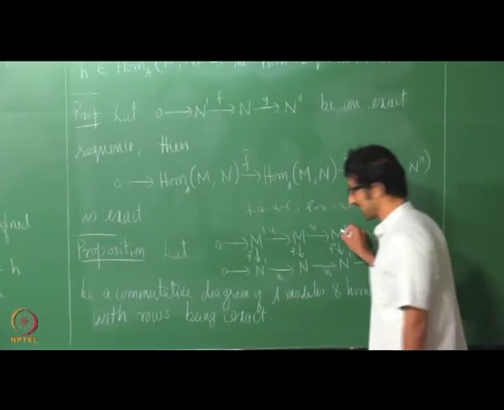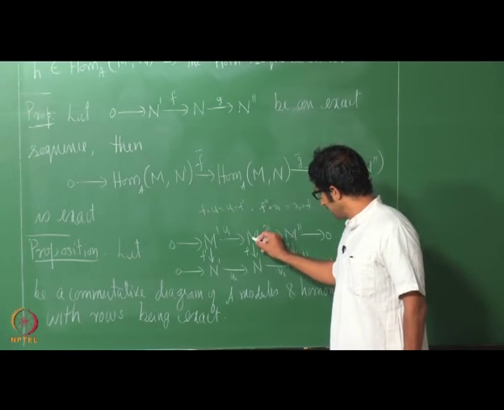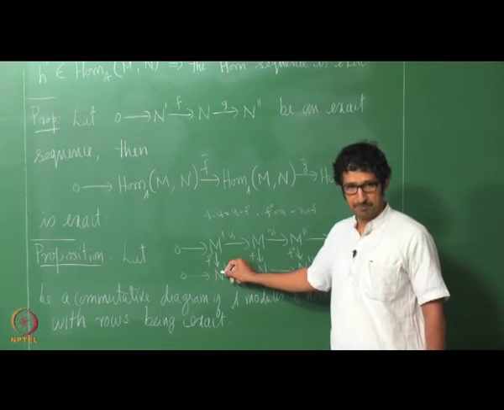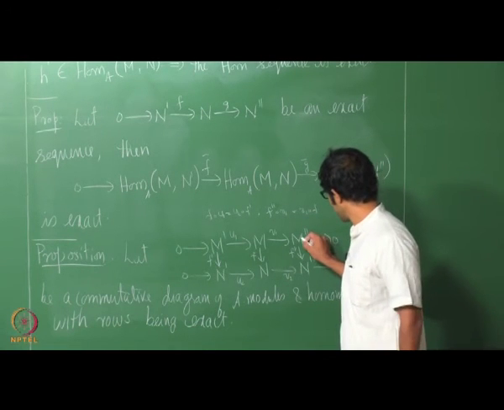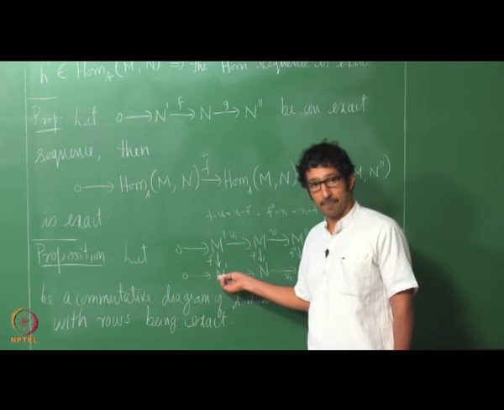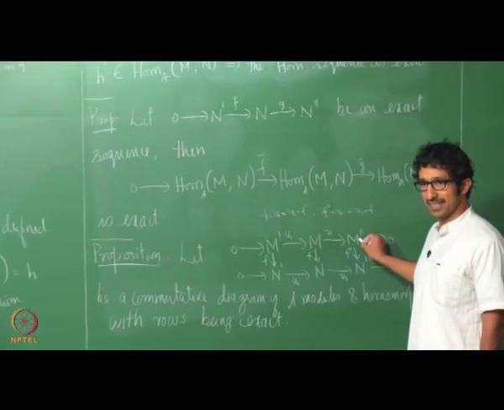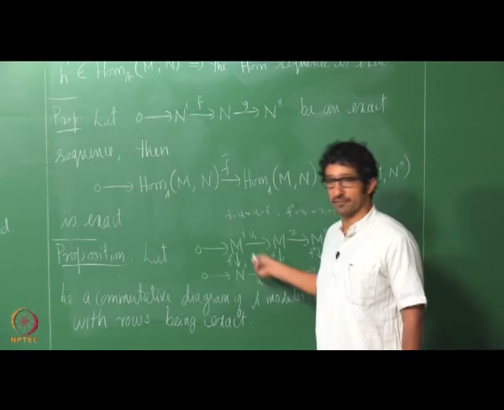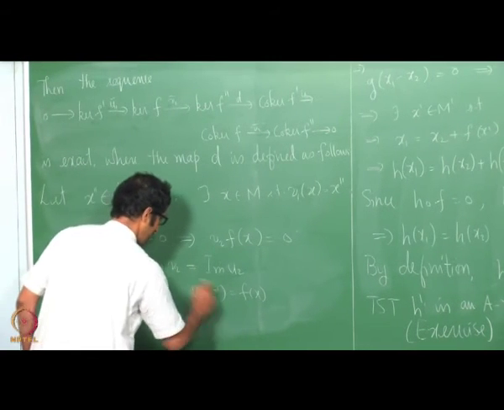We started with an element x double prime here. We got a pre-image here and said that the image of that under f is in the kernel of v2, therefore I have an element in n prime. We are trying to define a map from the kernel of this to a quotient of this. So, we define d of x double prime to be the image of z prime in the quotient of n prime, that is, z prime bar.